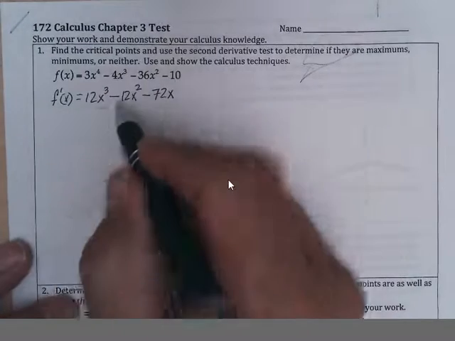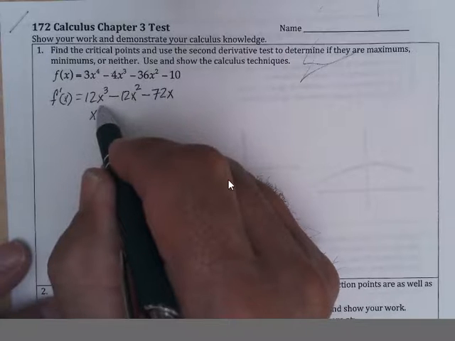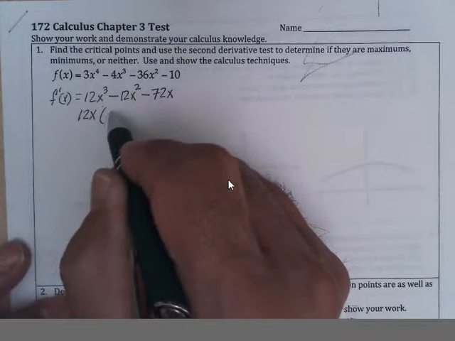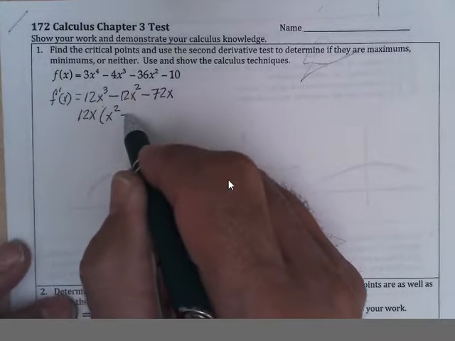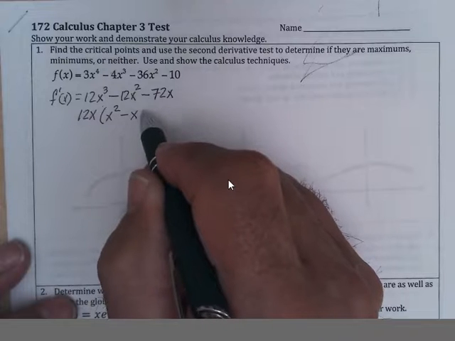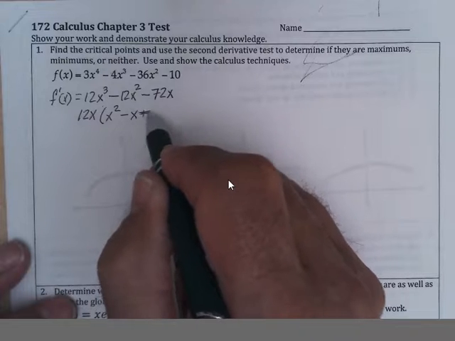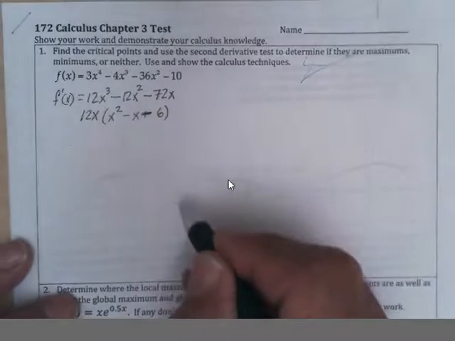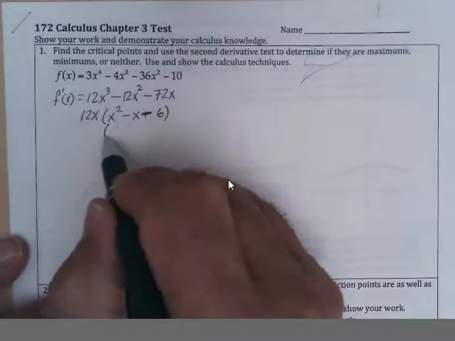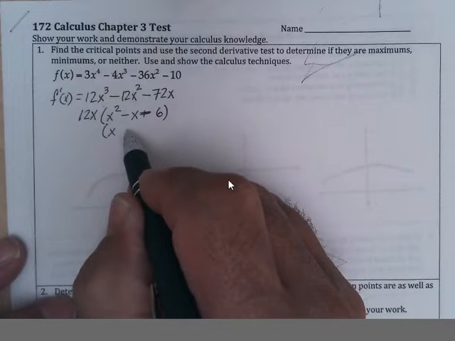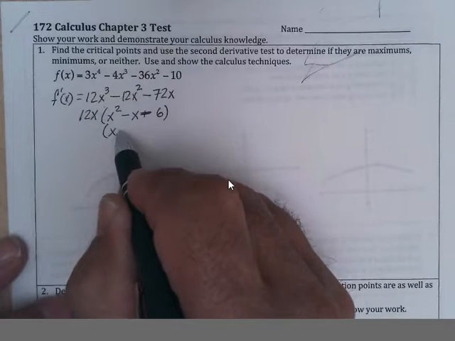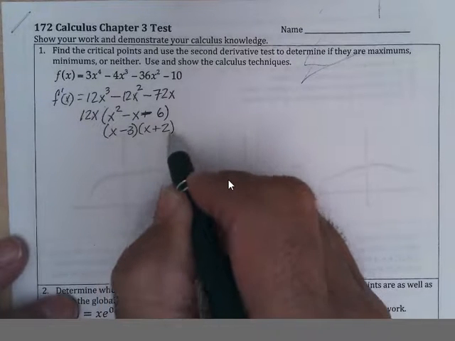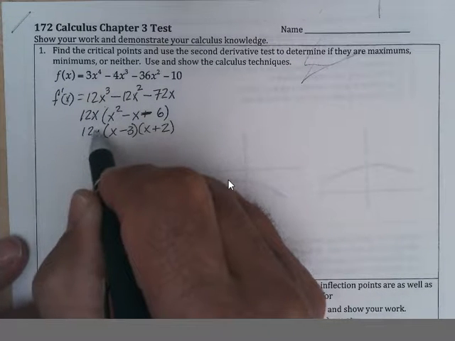Since there's an x in every one, I can pull that out, and a 12 goes into all of those, and I'll have x squared minus x minus, 12 goes into 72 6 times. And that factors to x, minus 3 and x plus 2, and 12x.